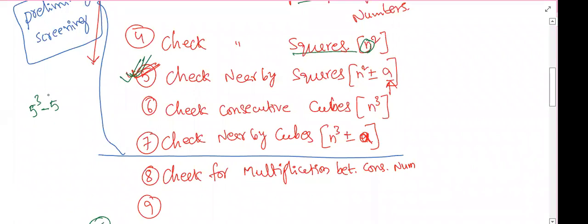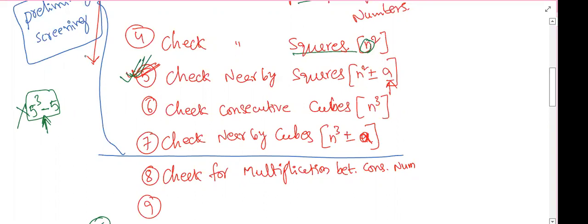So 120 can be taken as 5 cube minus 5. And if all the remaining numbers also follow the same logic, then we can confirm the logic. Suppose any of the remaining numbers is not following this logic, then we keep it aside and search for another logic.